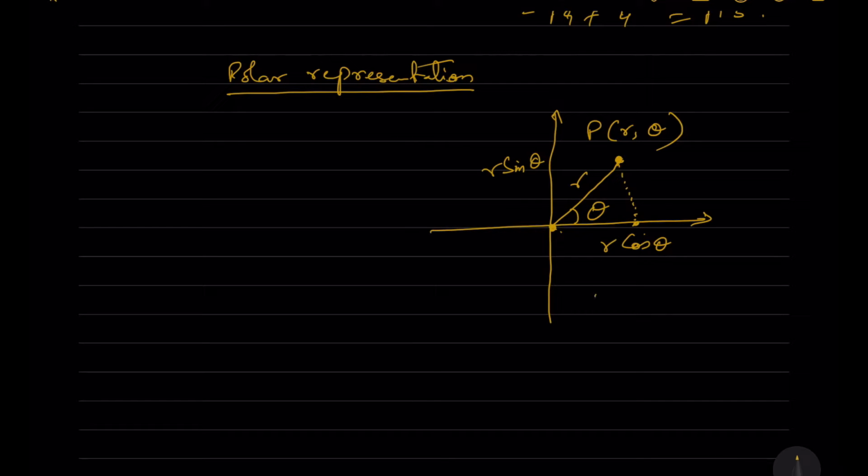So here theta becomes 0. So you know that cos theta becomes 1 when theta is 0, because this r gets overlapped with this when it comes onto this point. So r of cos 0 is equal to r into 1, which is equal to r, and you know the distance from here to here is equal to r. So r is equal to r. That's why we have taken this as r cos theta.